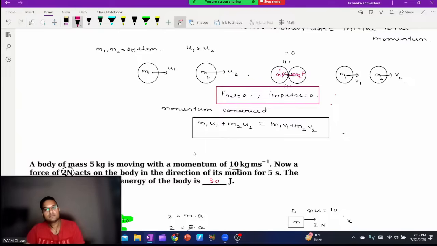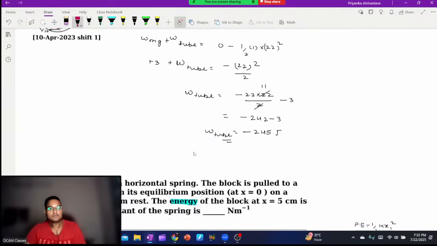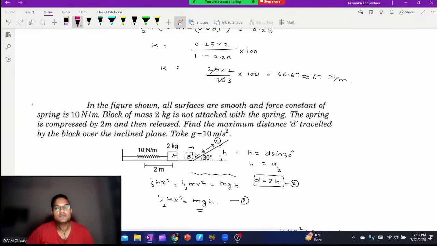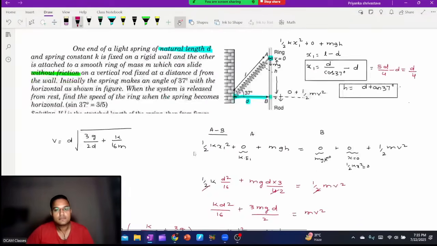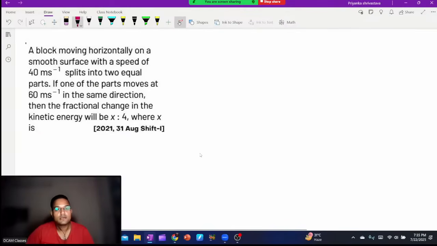Because the particle is being split into two pieces, so the final and initial will be the same. Achha, you know this part. When a particle is split into two pieces, you have to apply the law of conservation of momentum. That's all. No, sir. We've solved a lot of problems, so I got practice with it. In my ninth and all, we used to solve the same thing. In ninth? Yes, sir. In FIITJEE.